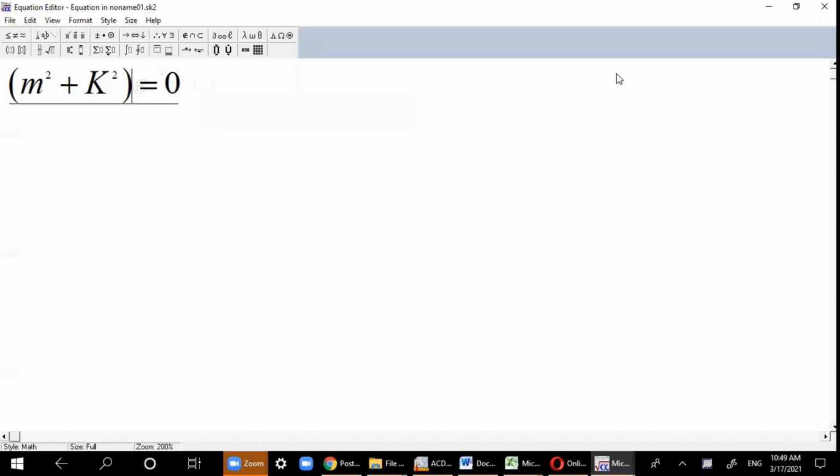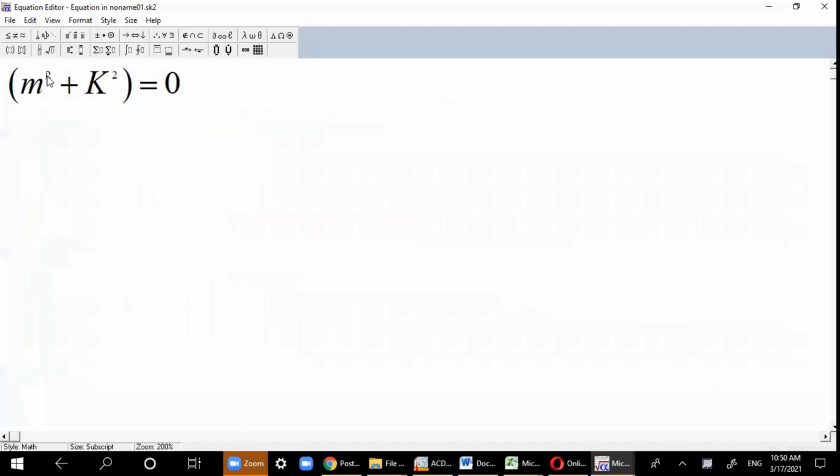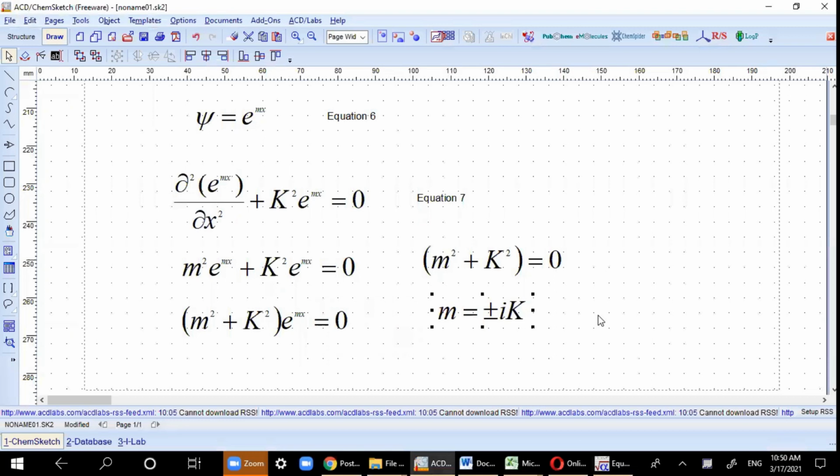So the solution is m equal to plus or minus ik. We are using some complex numbers.